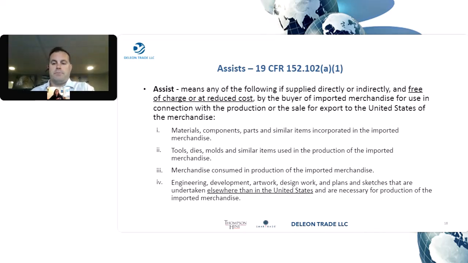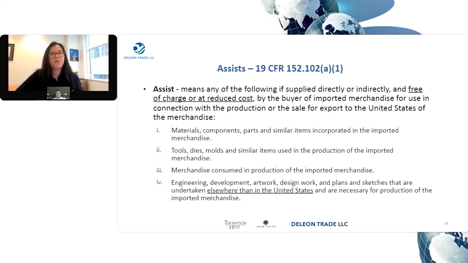I would comment that this assist concept is particularly important now, when people are talking about restructuring the supply chain. When you're shipping raw materials from China to another country like Germany for assembly or for reforming and shaping, all of these materials, tools, and everything that you have to ship to Germany to facilitate the production there will have to be counted.